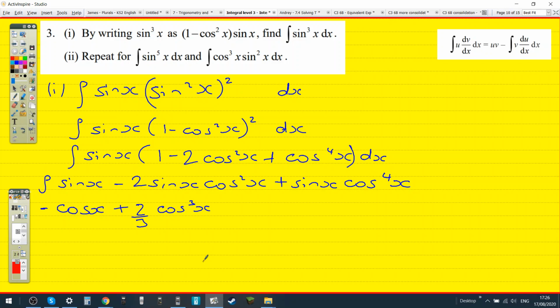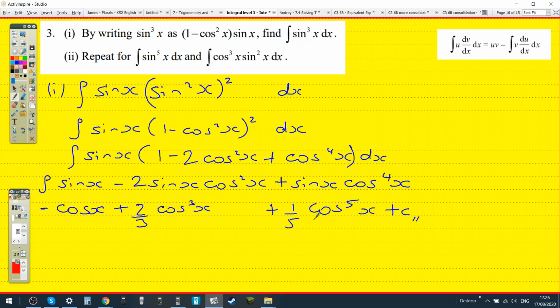Would it be 1/5? Yeah, that makes sense, because that one was 1/3. So 1/5 cos to the 5x, I believe. Plus C.